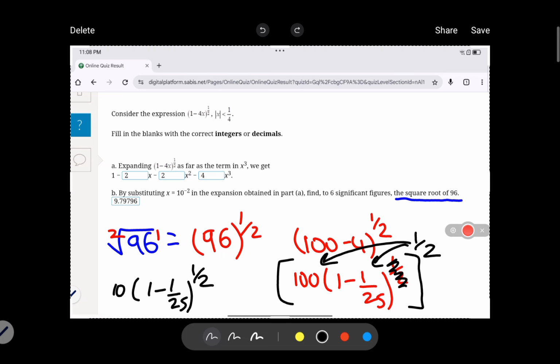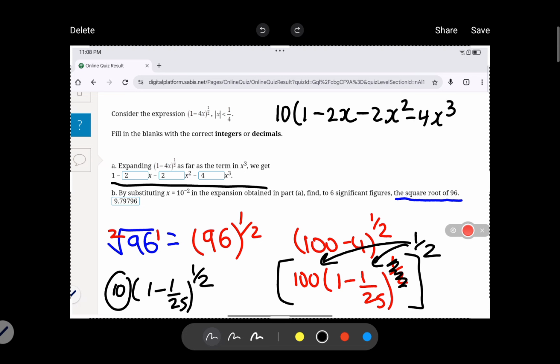Now, this is where you have to substitute 10 to the power of negative 2 in this, okay, times by this. So 10, and then you put 1 minus 2x minus 2x to the power of 2 minus 4x to the power of 3, okay, and then you have to substitute x equals, we said x is equal to 10 to the power of negative 2.